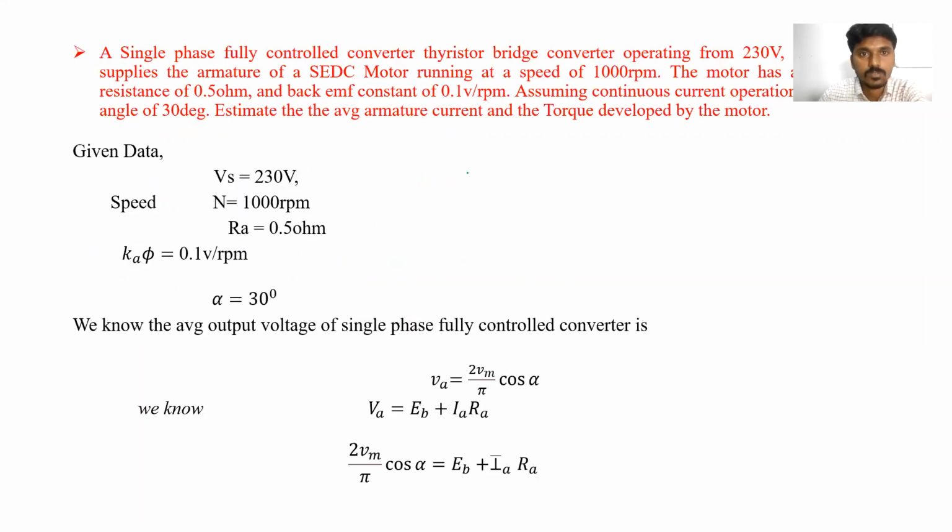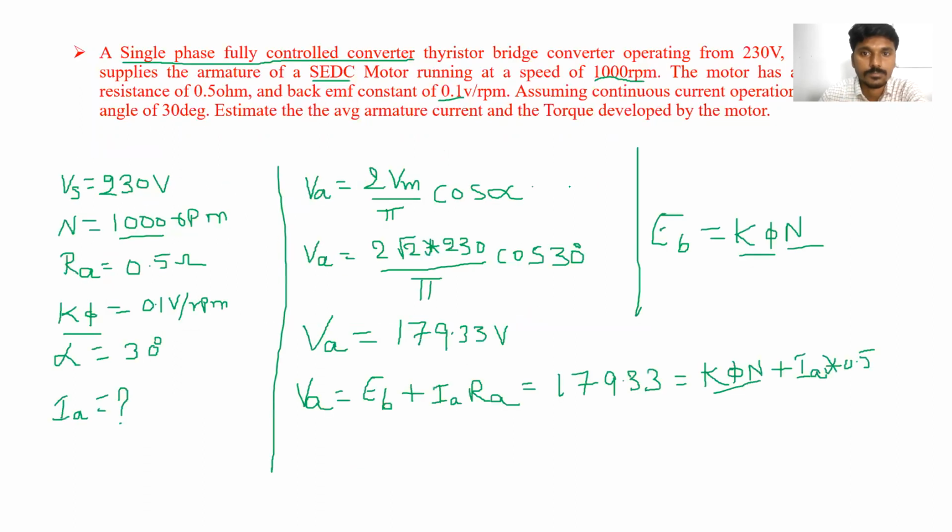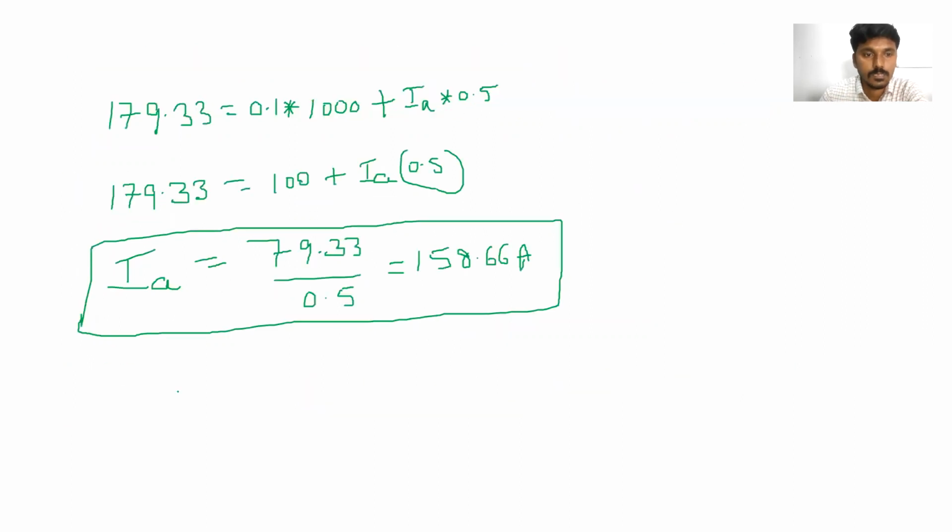Next, what do we have to find out again? Torque. We can easily find the torque, because all values we already know. We know the formula: torque is equal to K into phi into IA.